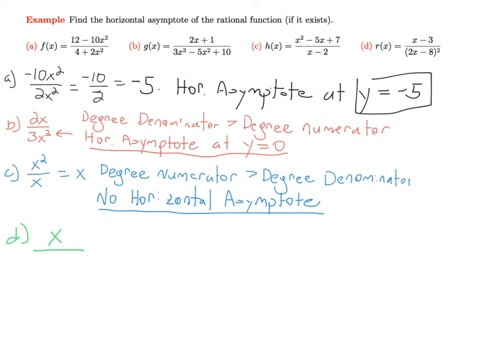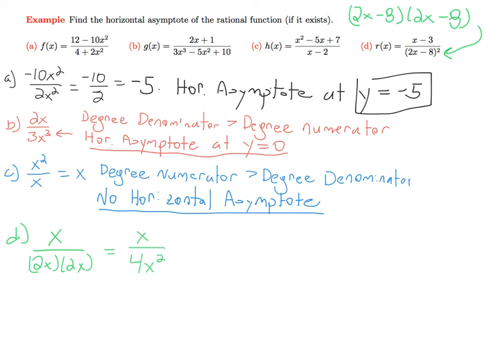So 2x minus 8 squared is actually 2x minus 8 times 2x minus 8. And so the leading term of the denominator is the product of the leading terms of each of those factors. So we have a leading term in the denominator of 4x squared.